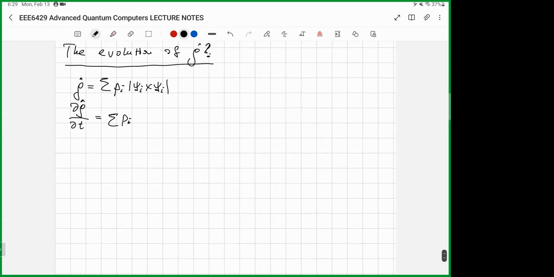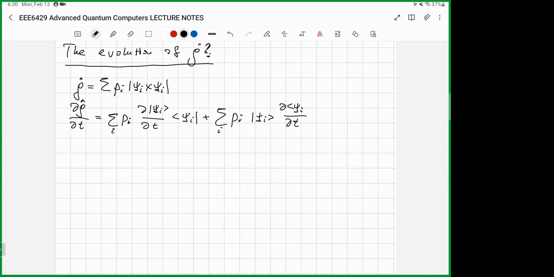Otherwise, this is the case of kinetics, which is another subject. So the time derivative of this will be the derivative of the first times the second, plus the first times the time derivative of the second.